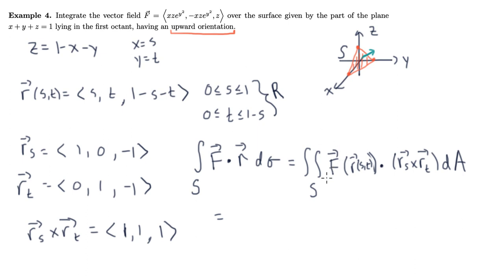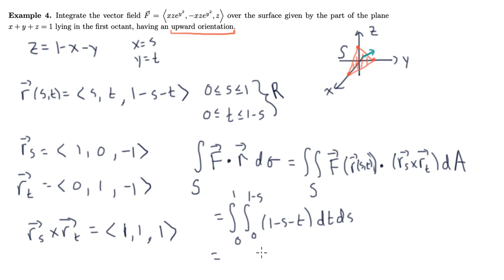So I actually only have the z component when I do the dot product, which is just going to be 1 times the z component, but evaluated at the parameterization, so 1 minus s minus t. So I'm just integrating 1 minus s minus t. And now s is going from 0 to 1, t is going from 0 to 1 minus s, and this is dt ds.